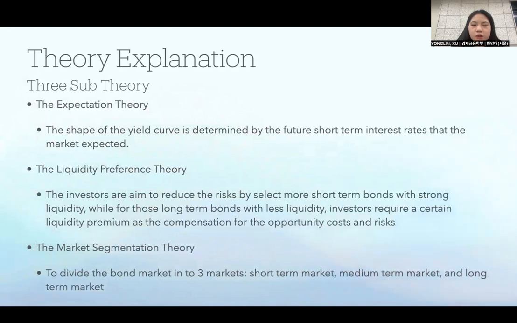The funds can freely flow. There are no transaction costs and taxes. There's no default risk. There can be full substitution between bonds that have different maturities. The expectations of the future short-term interest rate levels from the investors are consistent and unchanged.